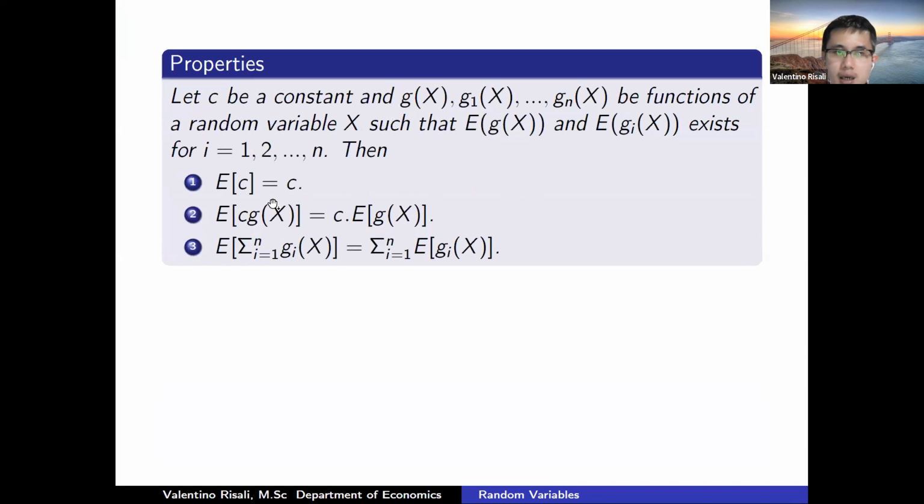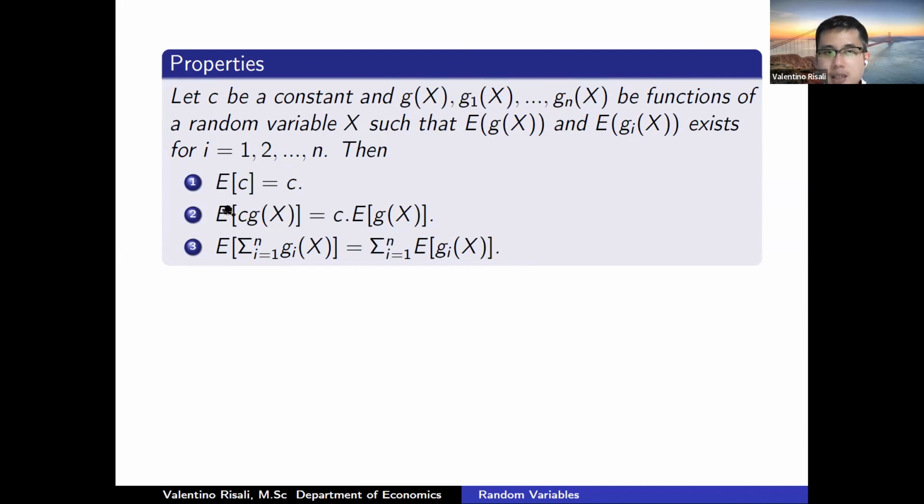And then another property is given in this box. If c is a constant, and g(x), g1(x) until gn(x) are functions of a random variable x, such that these expectations exist, then the first property is that the expectation of the constant is equal to that constant.